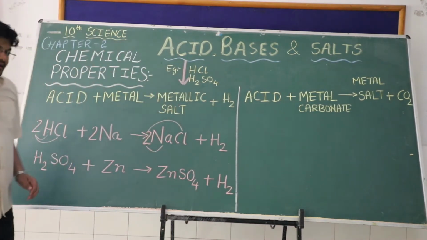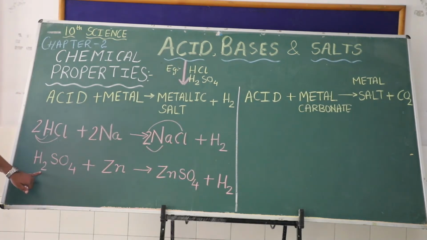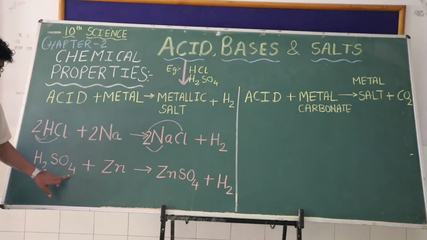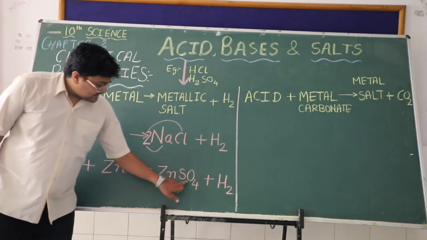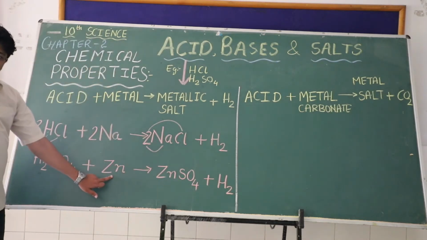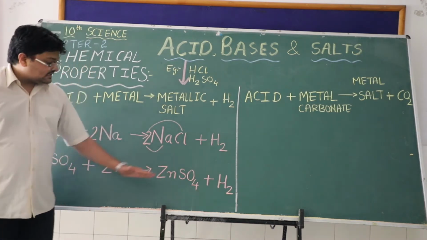Now let us check whether it is balanced or not. Here H2 on the left hand side, here also H2 on the right hand side. Here SO4 on the left hand side, here SO4 on the right hand side. Then zinc is 1 on the left hand side, and here also on the right hand side zinc is 1. So this reaction is balanced.